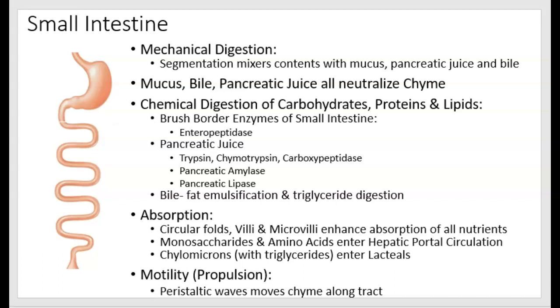The chylomicrons that are produced due to bile emulsification of fats will be released from the small intestine and enter lacteals, and those lacteals will carry the triglycerides that are in the chylomicrons to the circulatory system eventually.